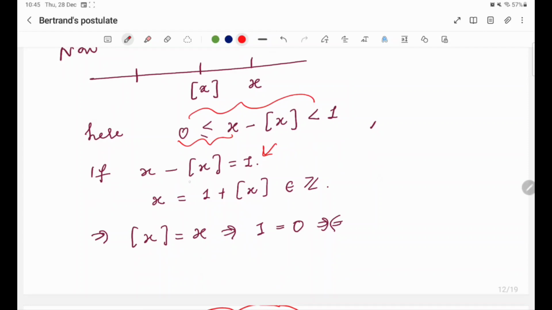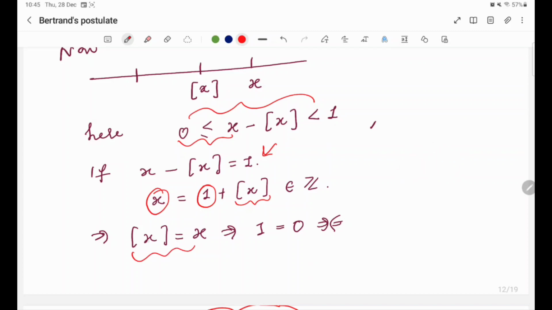Suppose it is equal to 1. Then x can be written as 1 plus the greatest integer of x. This is an integer, this is also an integer, that means x is an integer. If x is an integer, then the greatest integer function gives you the same value. For every integer, if 5, you get 5 itself.